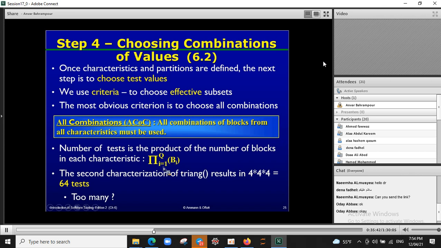This equation is the product of the number of blocks for each characteristic. We have Q characteristics, and for each characteristic i, we have Bi blocks. So the number of tests is the product of the number of blocks in each characteristic.